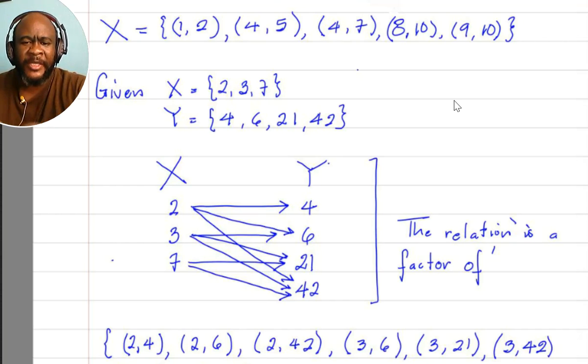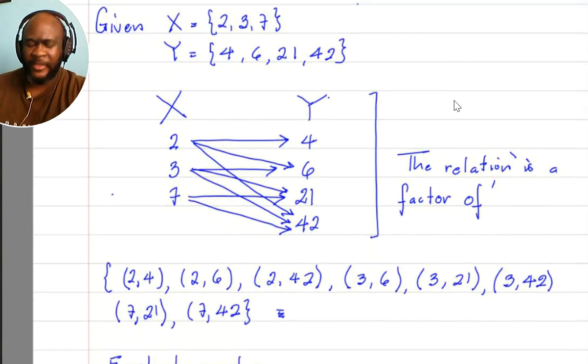So we are seeing that 2 in the domain is mapped to 4, 6, and 42 in the codomain, indicating that 2 is a factor of 4, 6, and 42. This is the relation "is a factor of."